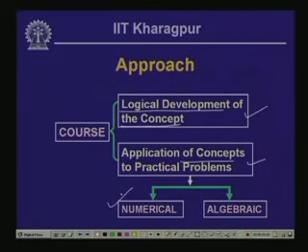One we call the numerical problems, the other the algebraic problems. When we talk about numerical problems, it means that we will be dealing with example problems in which we assign some specific values. Both have their merits.